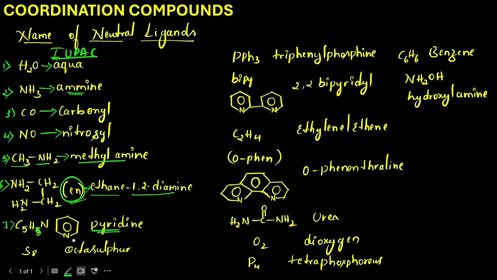The structure of pyridine is this one. Next one is S8, which is named as octasulfur. And coming to PPh3, if you write the structure of PPh3, that is triphenylphosphine. Here phosphorus is attached to 3 phenyl groups.